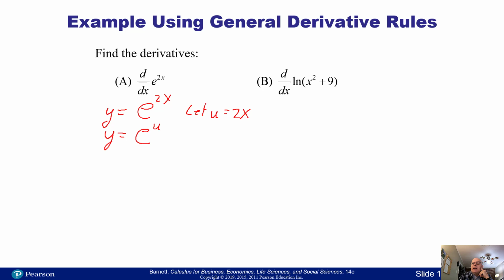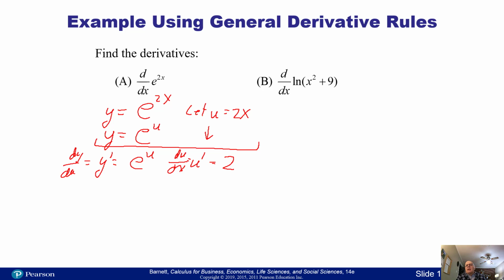e to the u, and here's my u. We'll take the derivative of this one very easily, e to the u. We'll take the derivative of this one, u prime, or du dx, dy du, in case you want to keep track of that, equals, and that's just a 2. So I want dy dx.